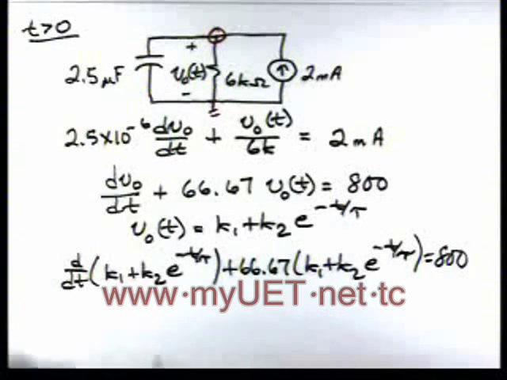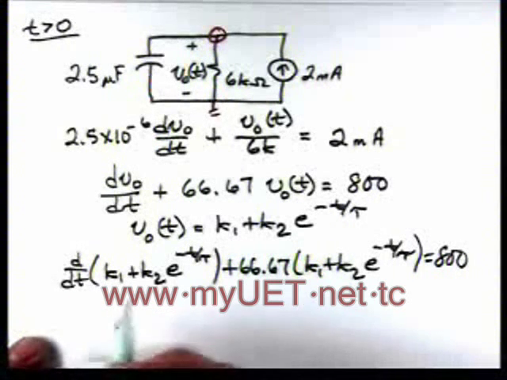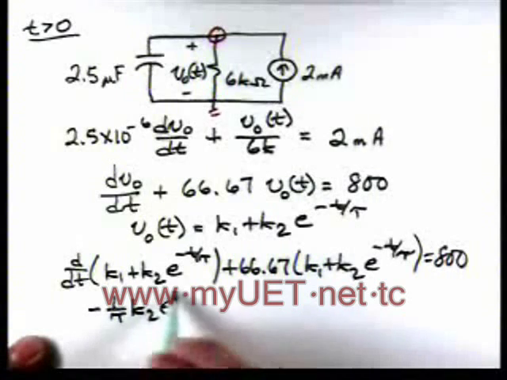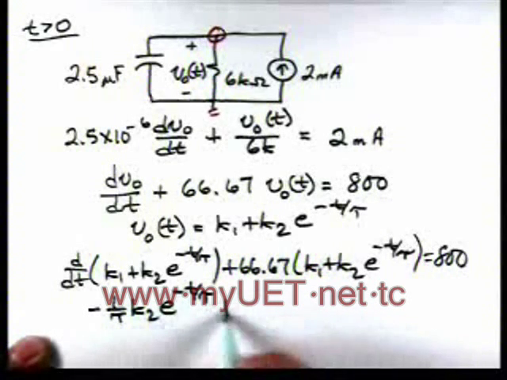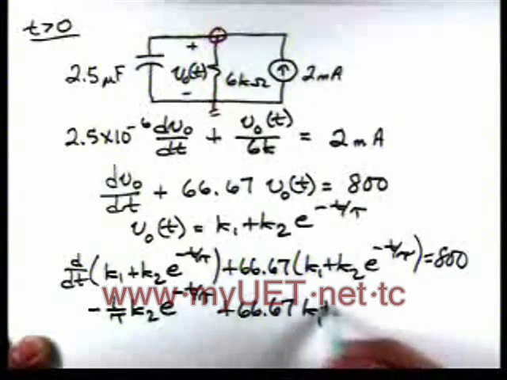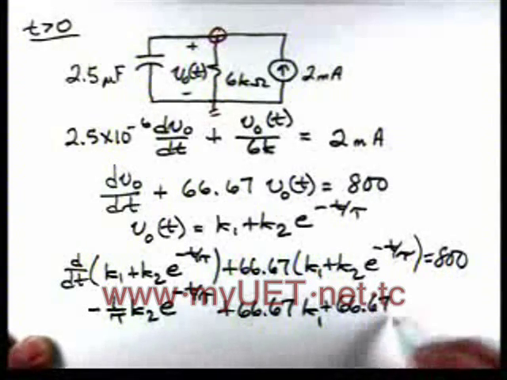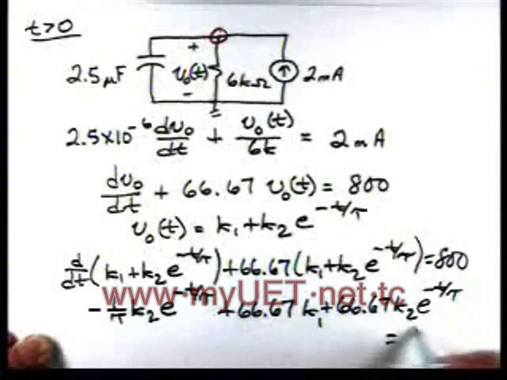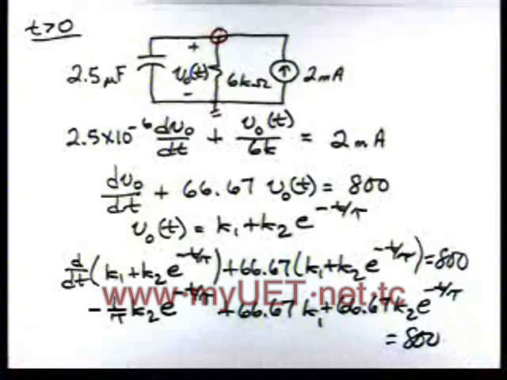And if we do the operations here, we have minus 1 over tau K2 e to the minus t over tau plus 66.67 K1 plus 66.67 K2 e to the minus t over tau equal to 800.